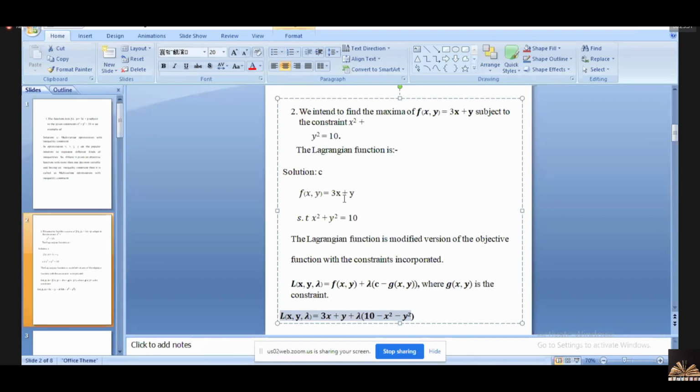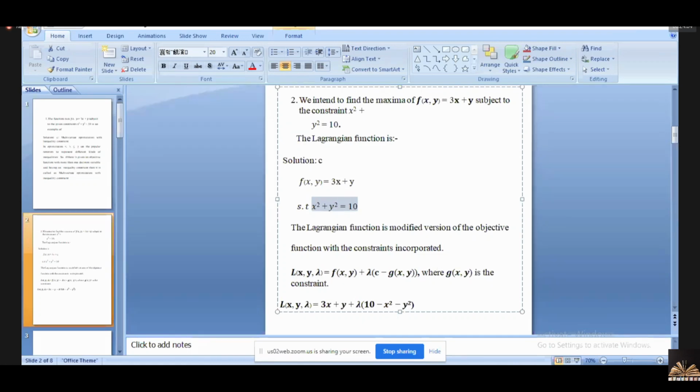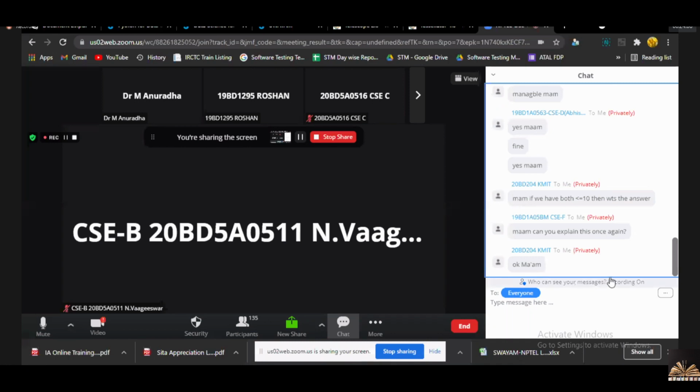If you know this format, how we write the Lagrangian function, then it is easy to get the answer. F of x comma y is this, plus lambda of c, where c is the constant value, and g of x comma y is the given constraint, x square and so on. If it is given like this, it is considered an equality constraint. I hope the second question is clear.